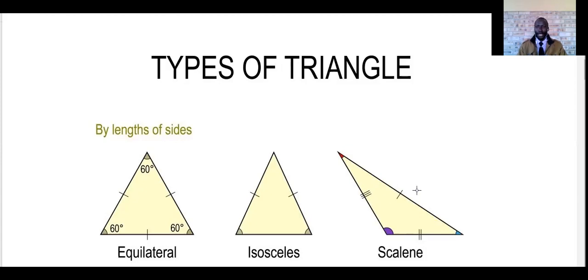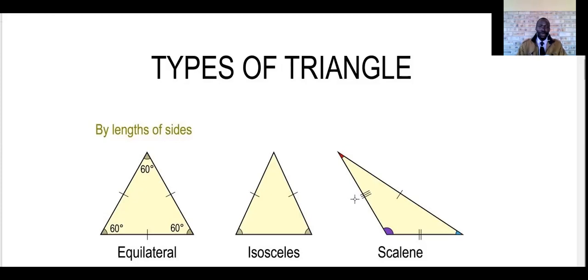The length of the first side is different from the length of the second side, and the length of the second side is different from the length of the what? Of the third side.